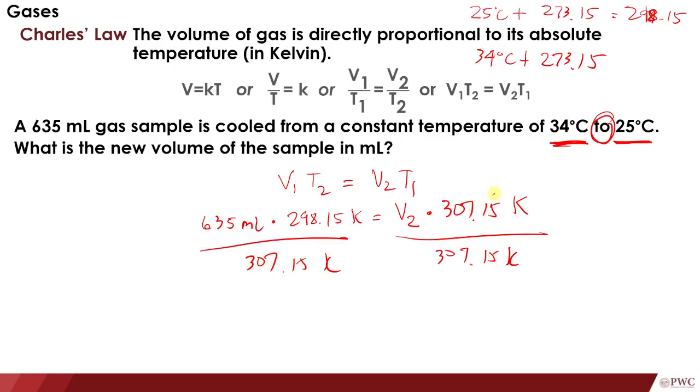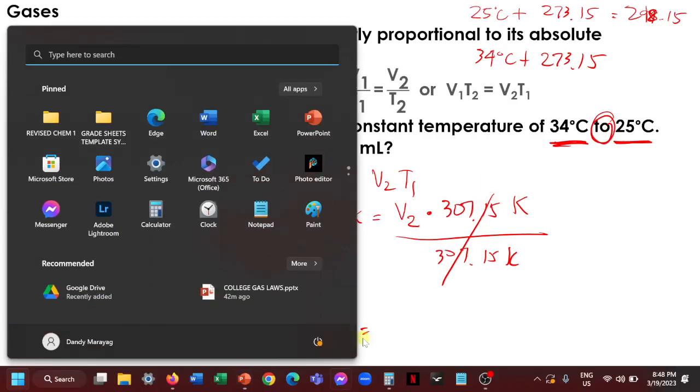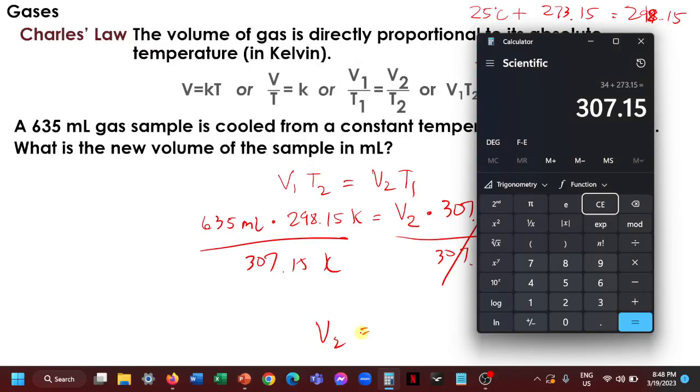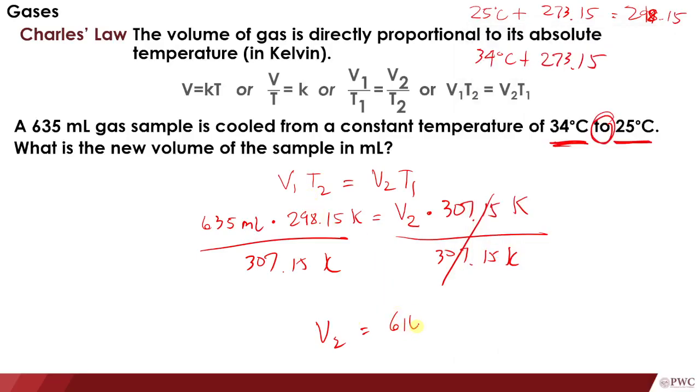V2 is equal to 635 times 298.15 divided by 307.15, which is equal to 616 ml. Okay, that's the volume for this problem.